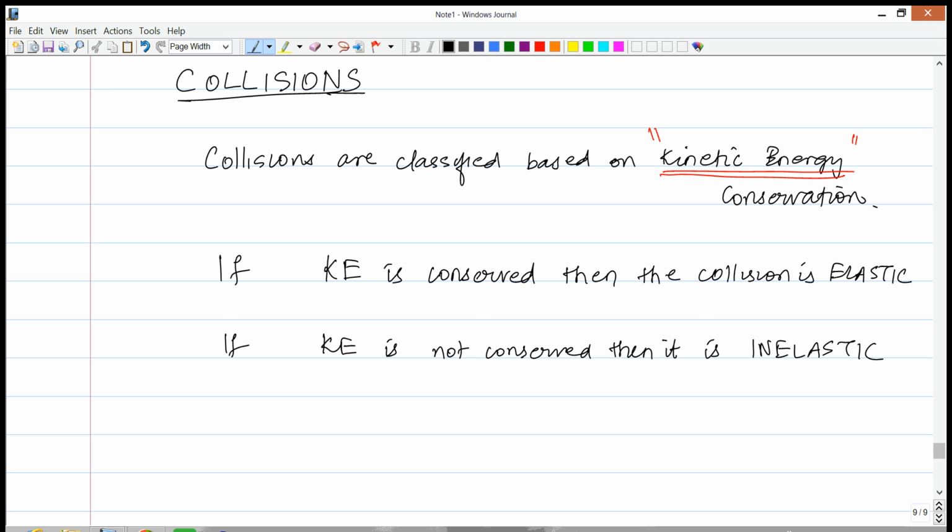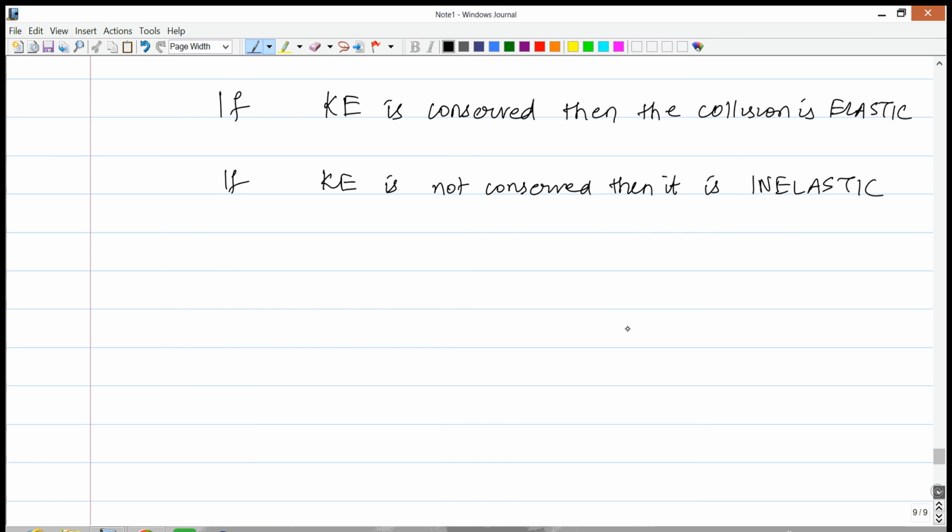In each of those two cases, if we were to calculate the kinetic energy before and after, we would see that they are not equal to each other, and that is what implies that the collision is inelastic. In fact, they were even perfectly inelastic collisions.